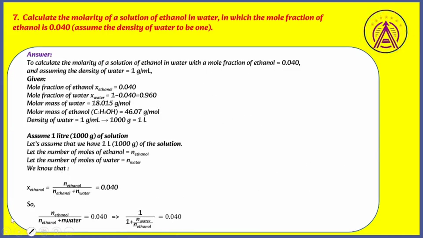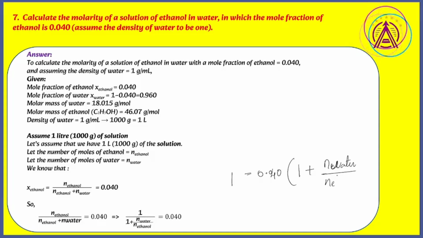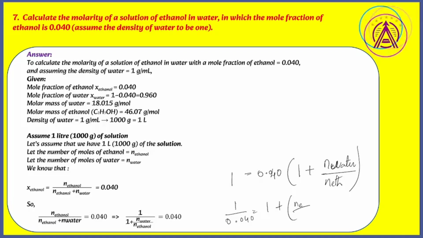I can easily solve it as 1 is equal to 0.040, sorry, into 1 plus moles of water by moles of ethanol, correct? So 1 divided by 0.040 is equal to 1 plus N water by N ethanol.